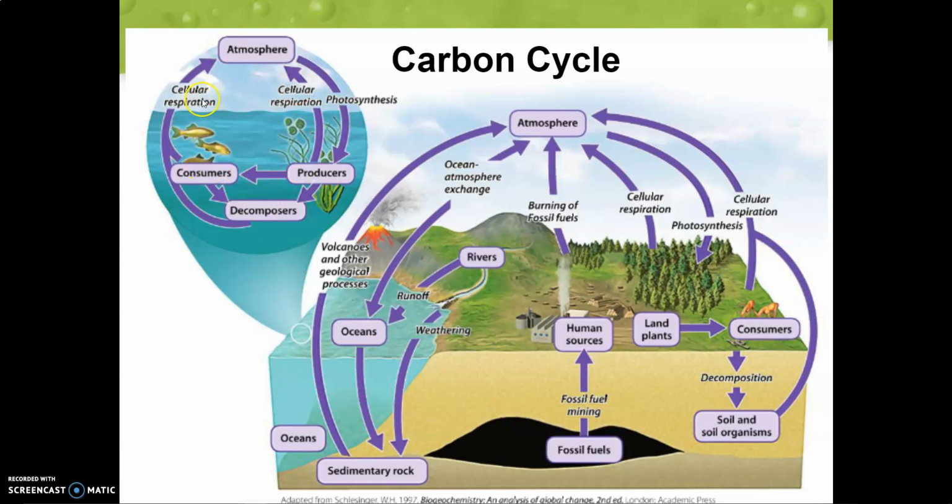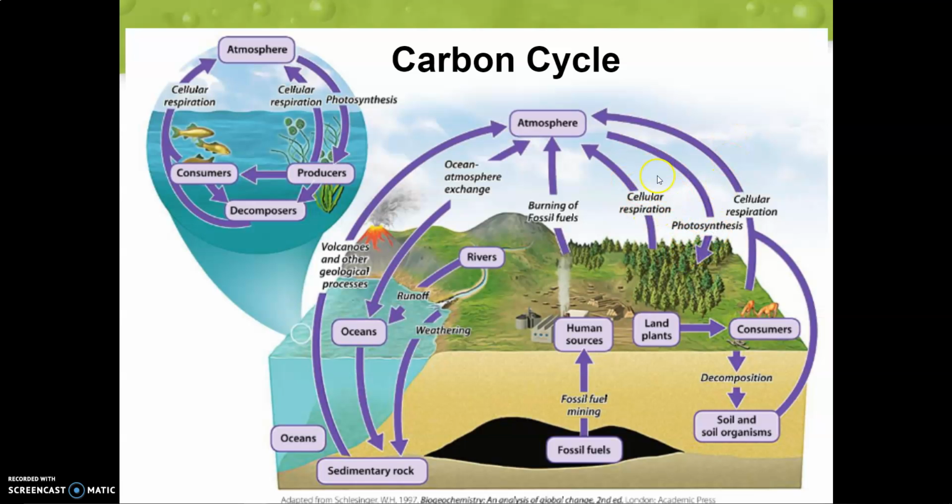Okay, so this is a good indicator of one of those cycling images. It's continuous. It's continuously happening. So this is like an inset of what's happening here. And then here is a global or bigger picture of carbon cycling through the environment.